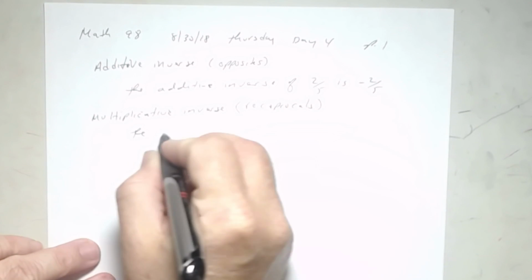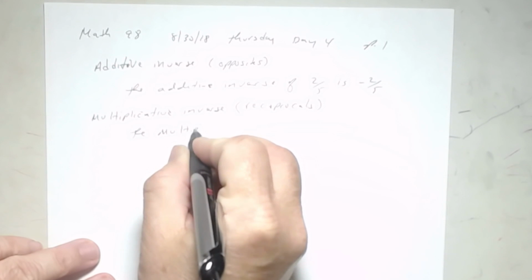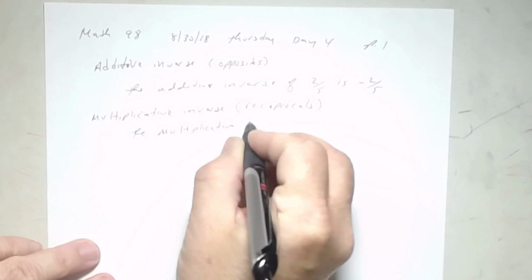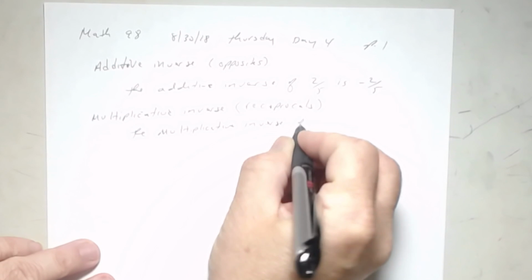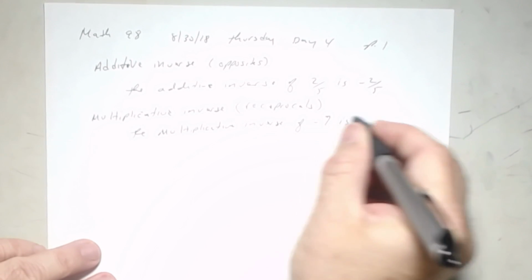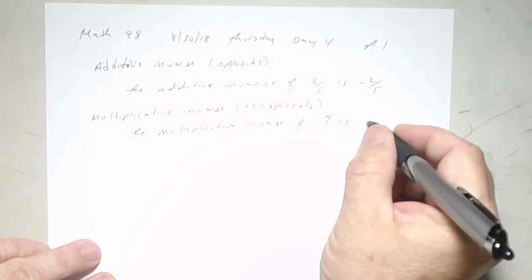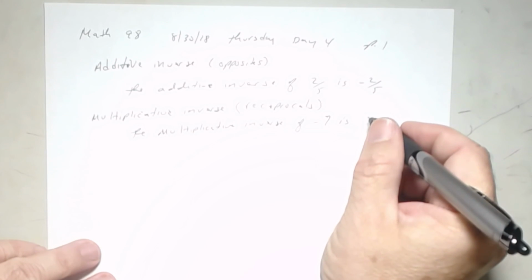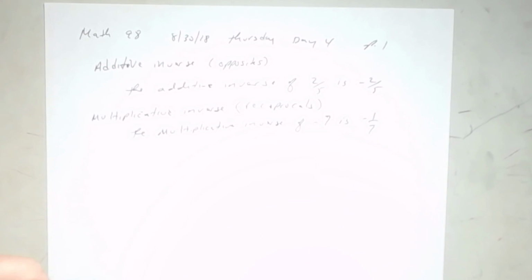And so the multiplicative inverse of, let's say, -7 is what? -1/7. So you take the reciprocal, right? So the reciprocal of 7 is what? 1/7. And so you keep the sign. It doesn't say anything about taking the opposite. So the multiplicative inverse of 7 is -1/7.